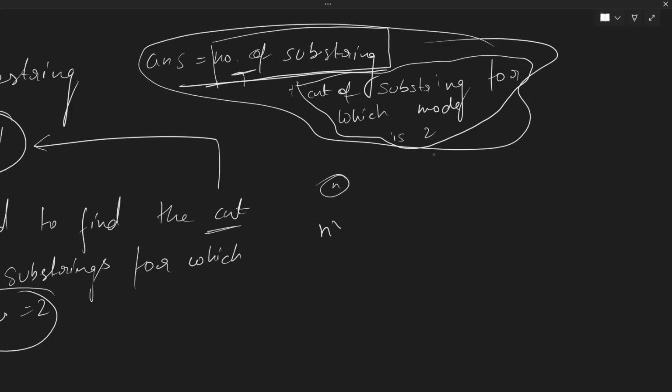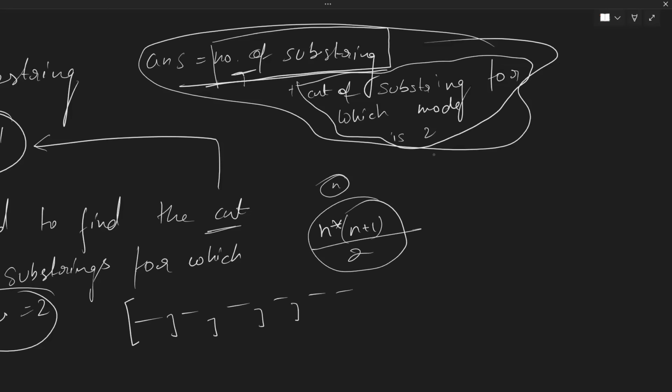Any doubt in this? Anyone who doesn't know how to calculate this? This is basically the sum of an AP, arithmetic progression. If you have n places and you start from here, there are n valid closing points. If you start from the second place, you have n minus 1 valid closing points.